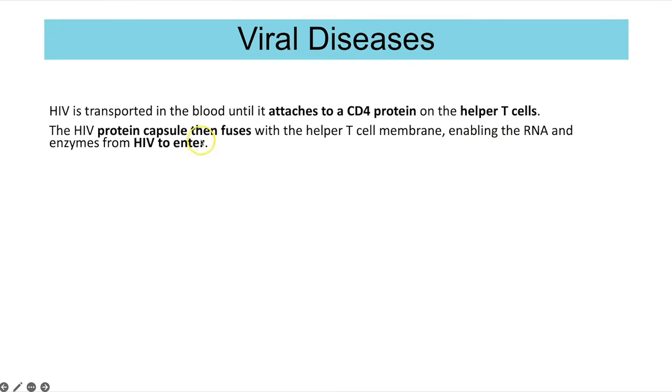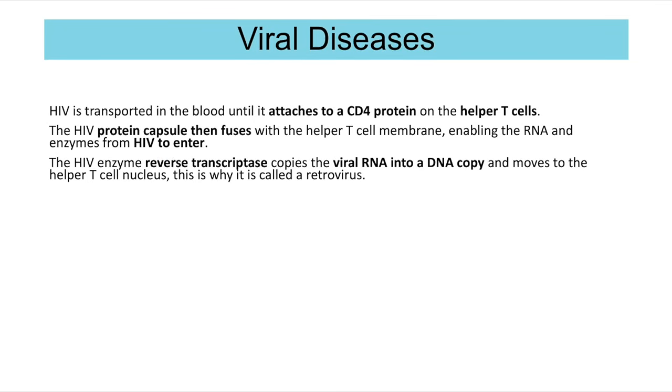The HIV protein capsule can then fuse with the helper T cell membrane, and that enables the RNA and the reverse transcriptase that were within that capsid to enter the host cell. The HIV enzyme reverse transcriptase, which has entered along with that RNA into the host cell, then copies the RNA into DNA, and that DNA copy can move into the nucleus of the helper T cell.